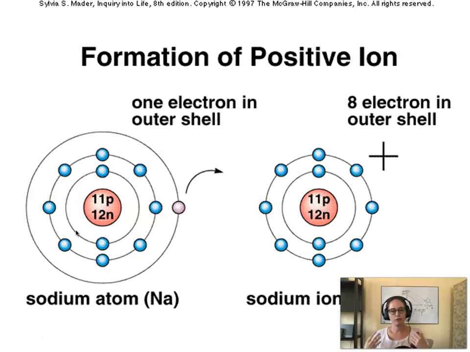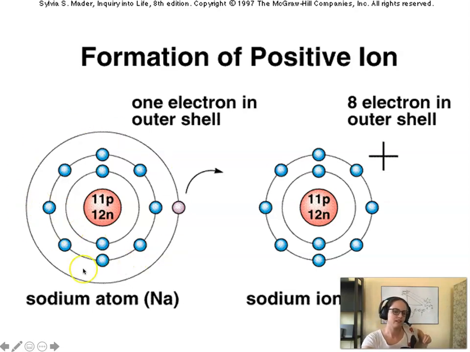Now I mentioned you can form an ion by either gaining or losing an electron. Electrons are negative. So let's say I've got one electron in my valence shell right now, and the number of electrons matches my number of protons. So I'm just a sodium atom right now, but I can lose that electron.